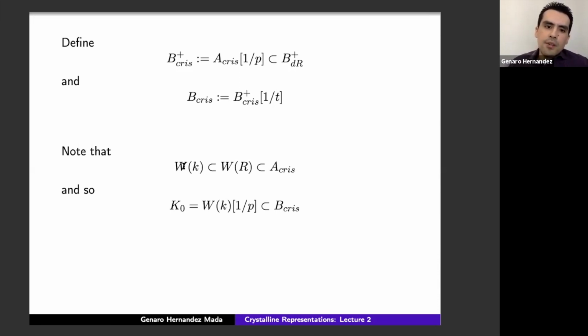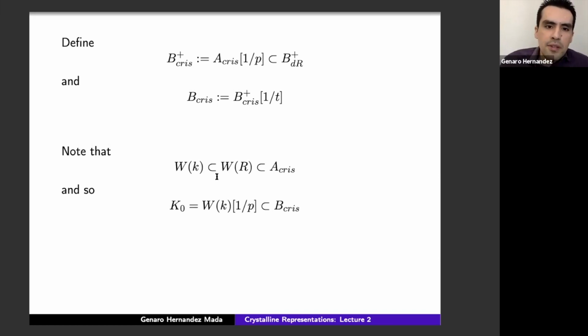Okay. So we have that the Witt vectors of the residue field are inside the Witt vectors of the ring R, which is inside A_cris. That gives us that the unramified extension K_0, which is just the Witt vectors of K with p inverted, is inside B_cris.